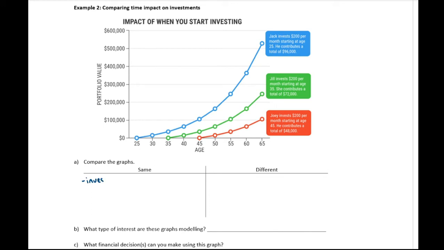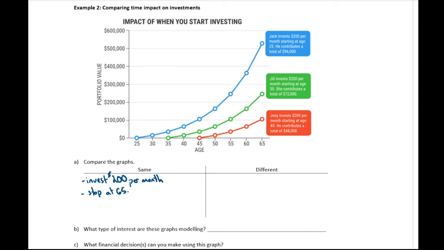they both invest $200 per month. So they're both putting in the same amount. They all stop at 65 years, so they're all investing till they're 65 or till when they retire, you can assume.